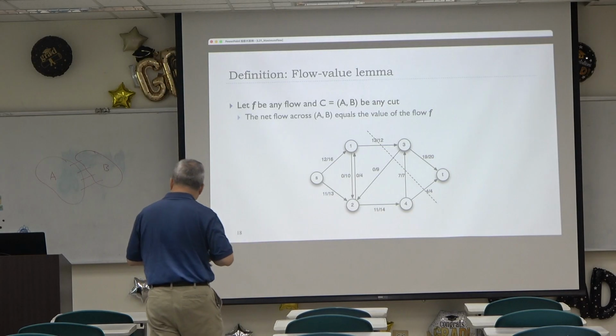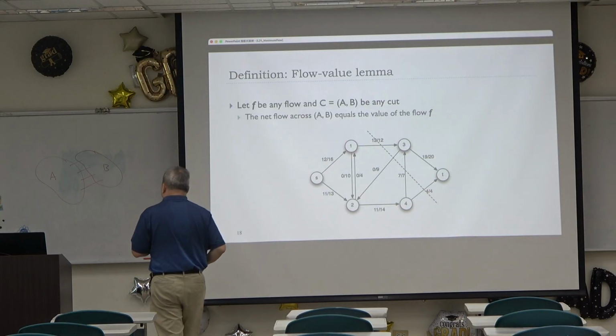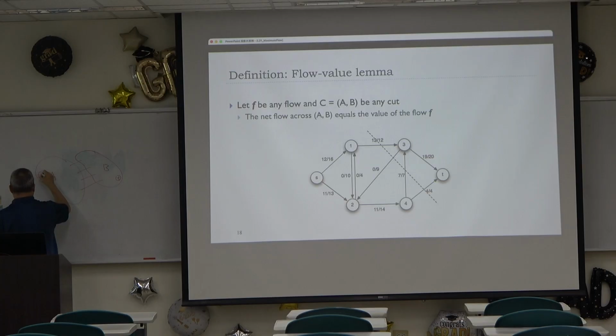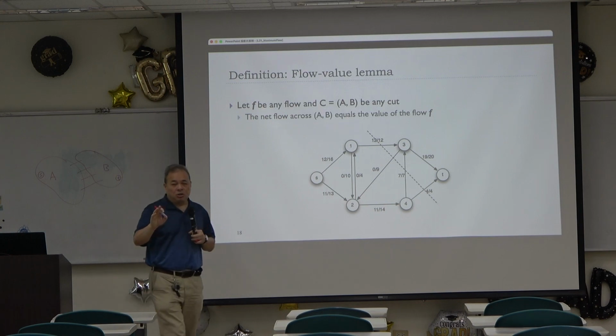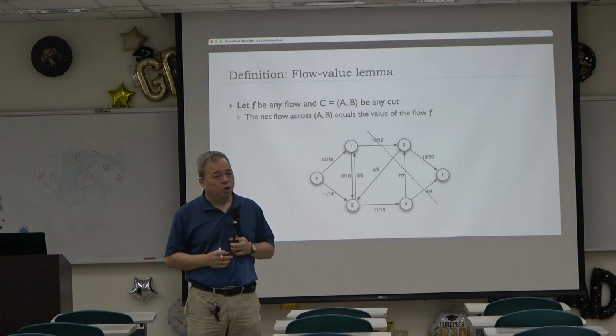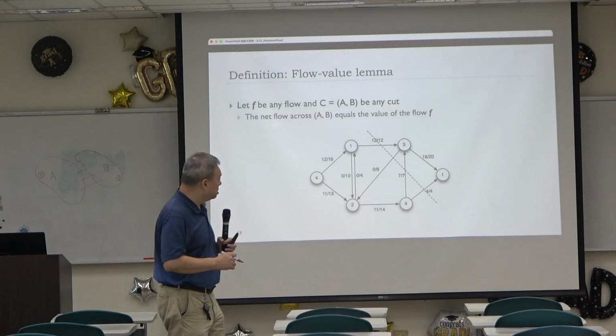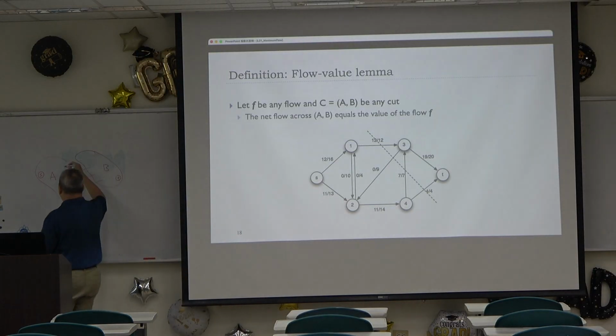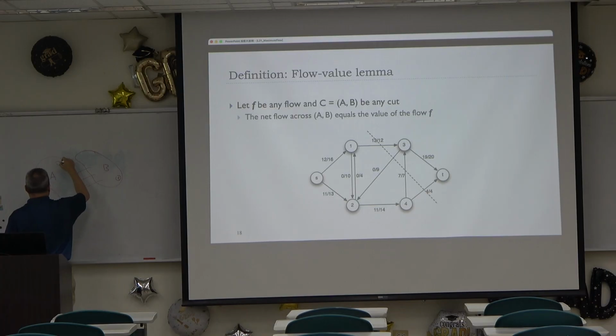So now, let's randomly pick a node in set A. This B is T. We have the source node S. We wouldn't pick source node S, but any other node, we could pick any other node from A to B. So we move this into B. So B becomes something like this.